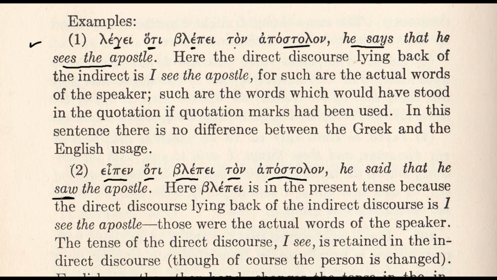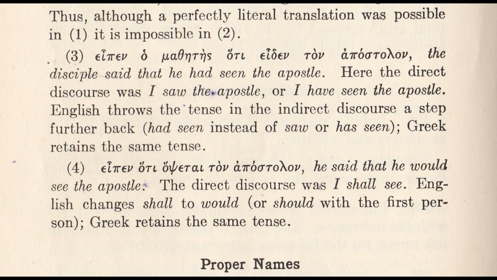In English, we put the tense of the verb, which is part of the indirect discourse, into the same time frame as the leading verb. But in Greek, you do not do that. You keep it in the tense of the original statement. So he said that he saw the apostle, even though blepei in Greek is going to be in the present tense.